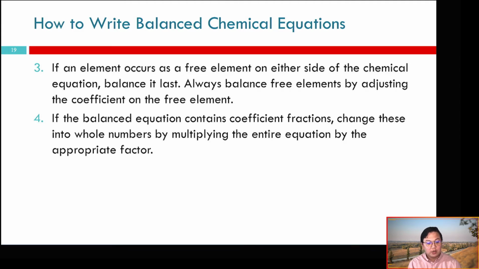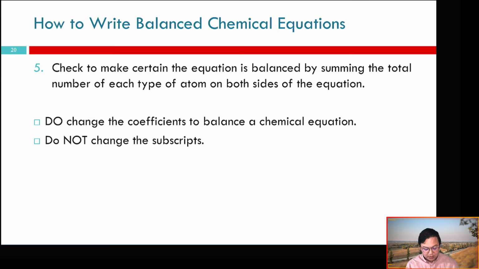If the balanced equation contains coefficient fractions, you change these into whole numbers by multiplying the entire equation by the appropriate factor, right? So if you ended up with somehow a half or a quarter or a third, then you multiply, right, by 2 or 4 or 3 to get whole numbers.